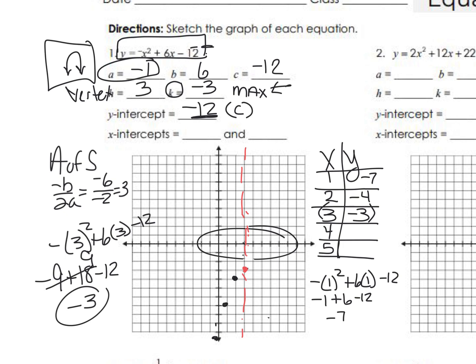So since it's symmetrical, if this is 1 unit from the axis of symmetry, I can go 1 unit over and make another point. This is 2 units, so I'm going to go 2 units on the other side. So now I've got a graph. If I was to plug in 4, I'm going to get negative 4. If I plug in 5, I'm going to get negative 7. Because if you notice, these are the same.